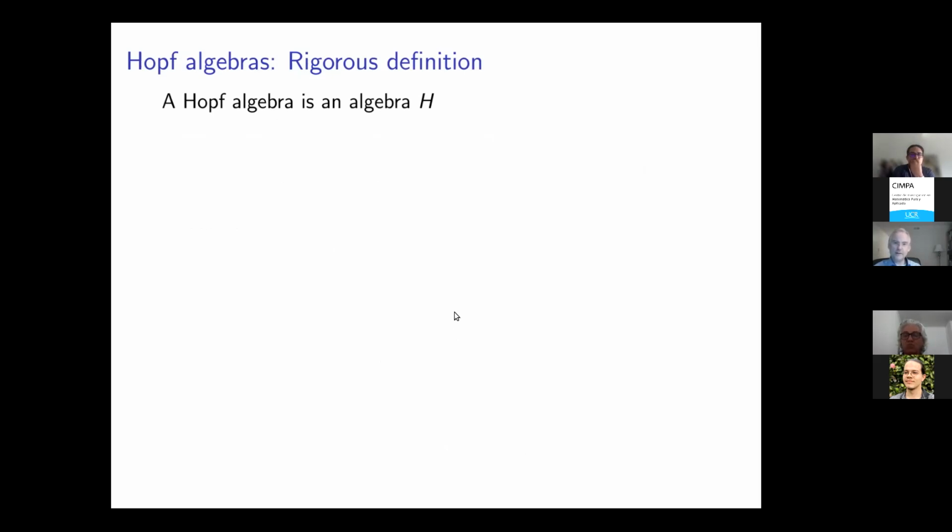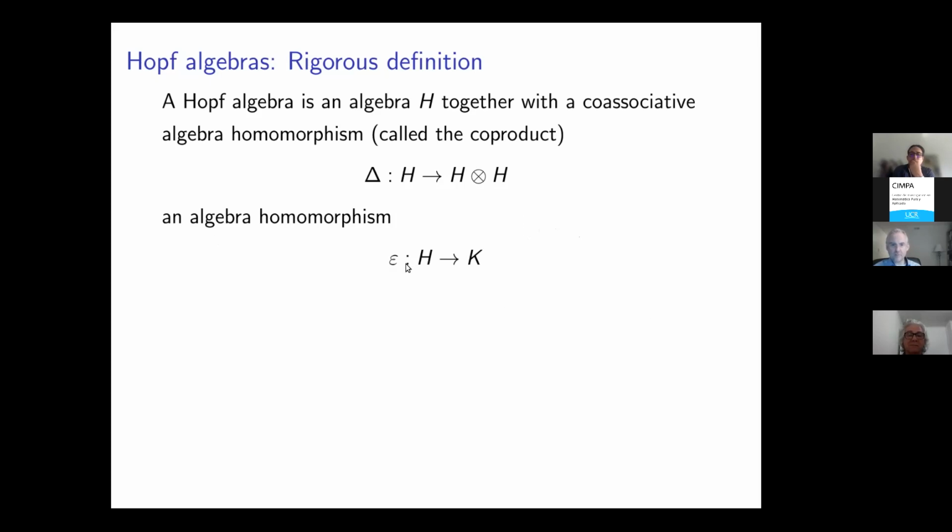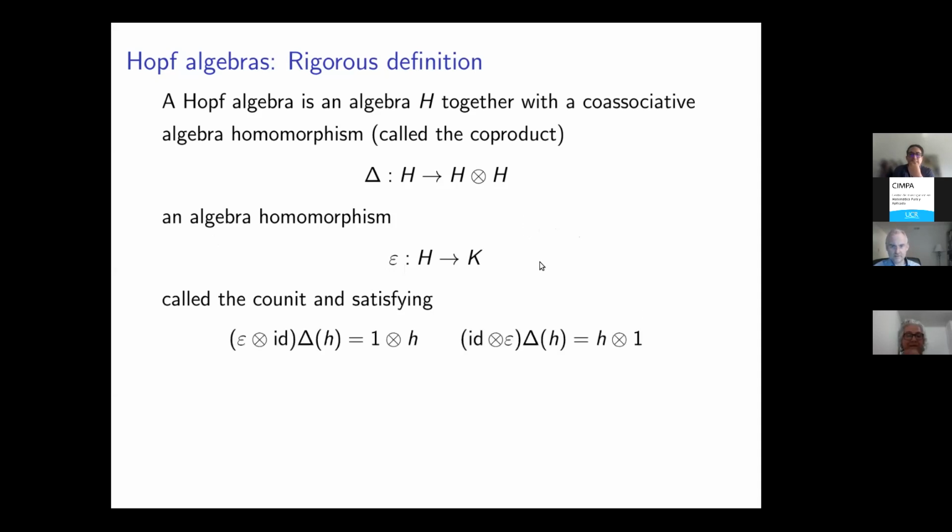A Hopf algebra is an algebra H, together with the co-associative algebra homomorphism, the so-called coproduct, which goes from H to H tensor H. It also has an algebra homomorphism from H to K, the base field, called the counit, which satisfies these two equations over here.